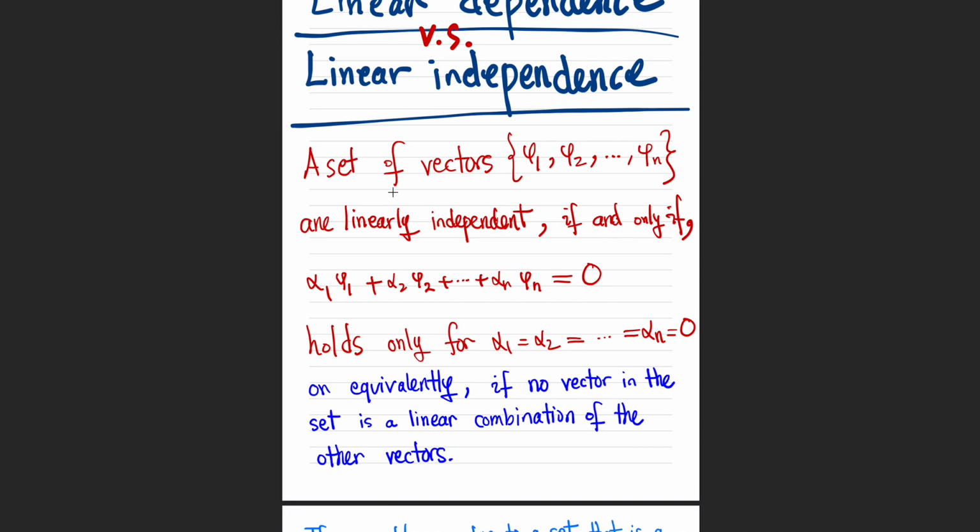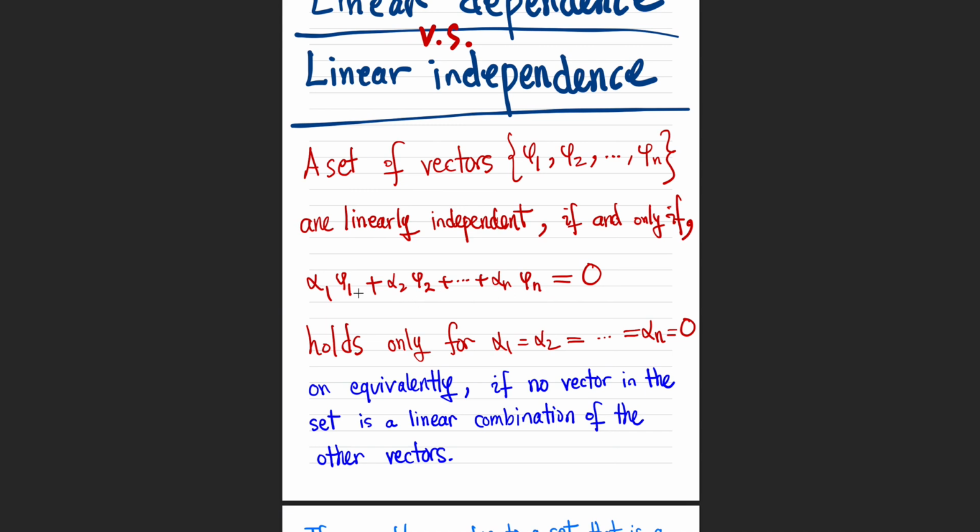Okay, so a set of vectors phi1, phi2 to phi n are linearly independent if this holds only for alpha 1 to alpha n all 0. So what does this mean?